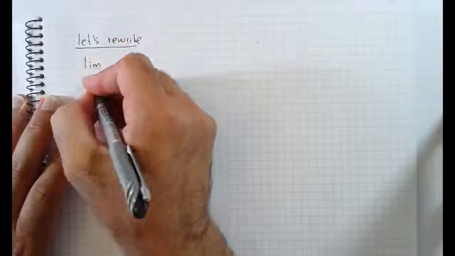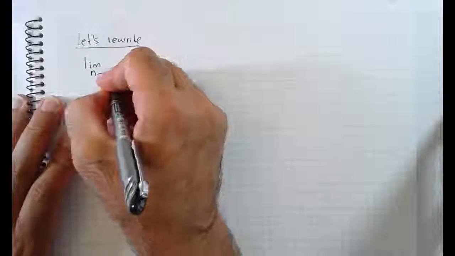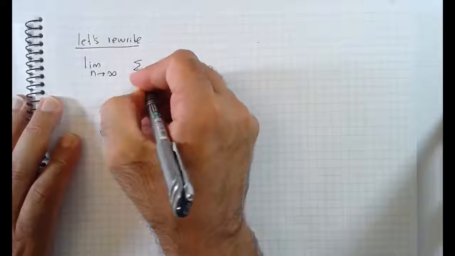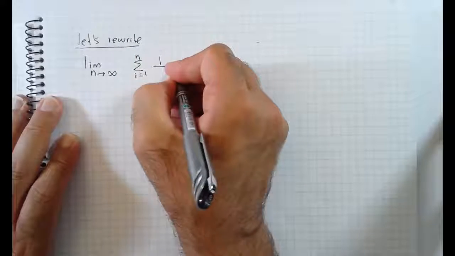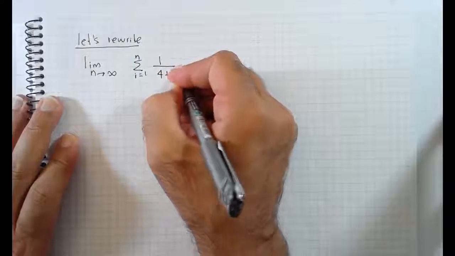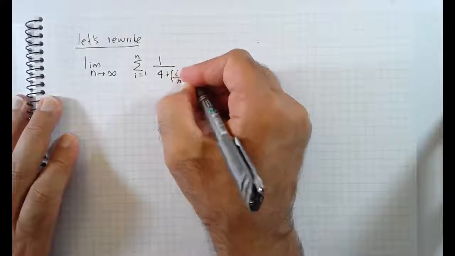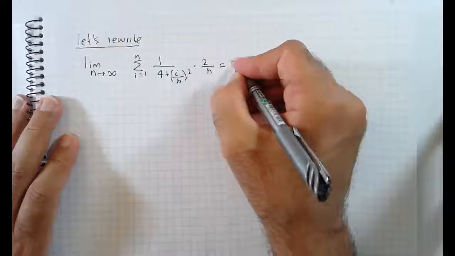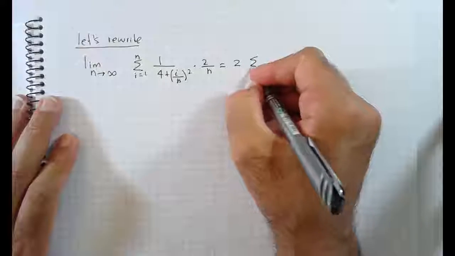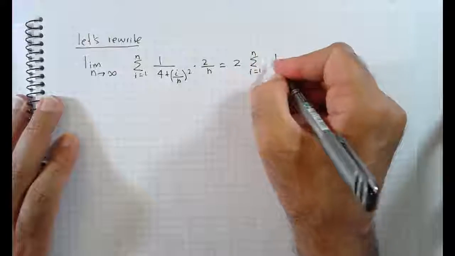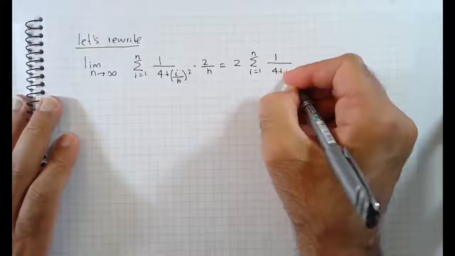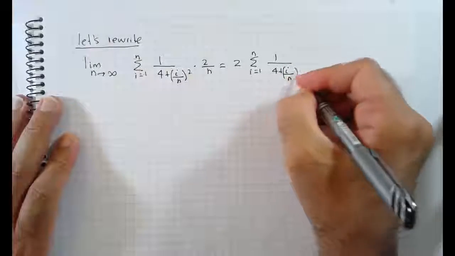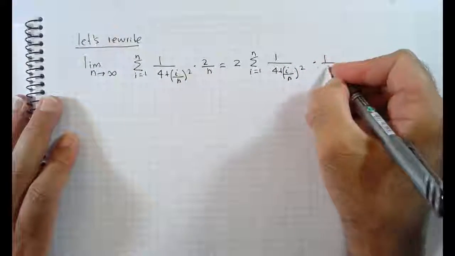The limit as n goes to infinity of the sum from i = 1 to n of 1 over (4 plus (i over n) all squared) times 2 over n. We're going to factor this 2 out, so 2 times the sum from i = 1 to n of 1 over (4 plus (i over n) squared) times 1 over n.